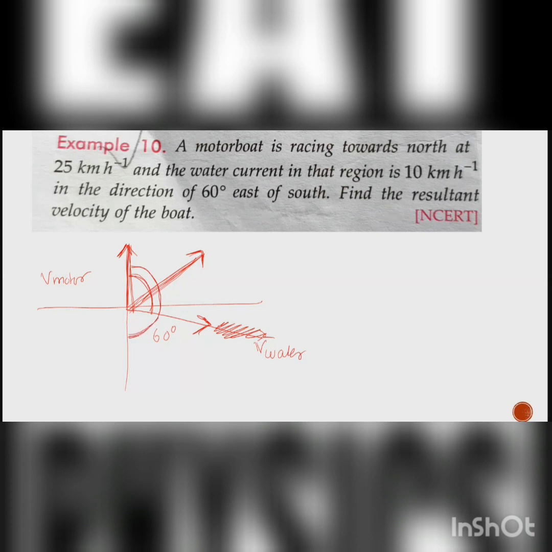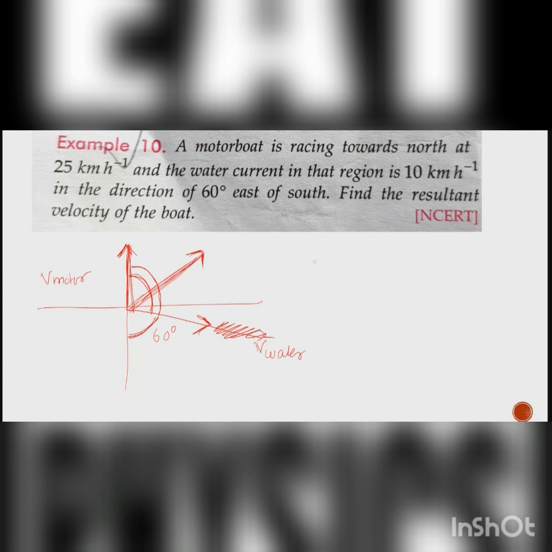This 60 degrees east of south is the angle which the velocity of water is making with the origin. So we cannot take 60 degrees as the angle between the velocity of the motorboat and the velocity vector of water. This is the only important part of the question: the angle which we have to take between the vectors won't be 60 degrees, it would be 120 degrees.